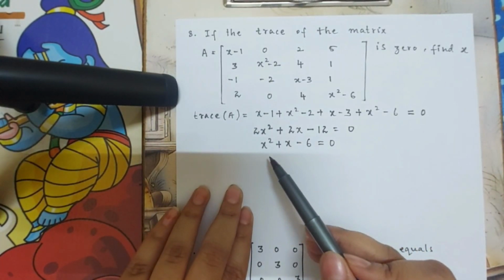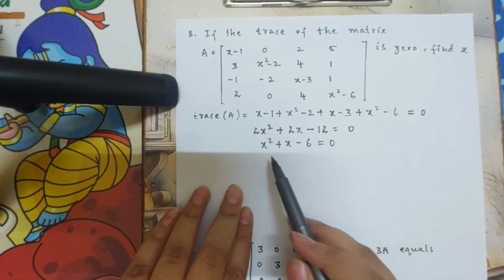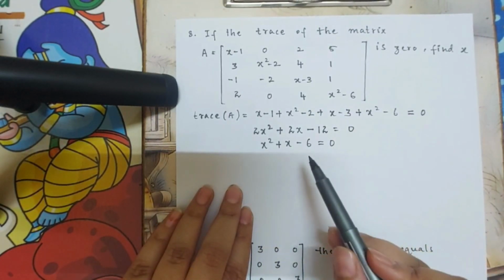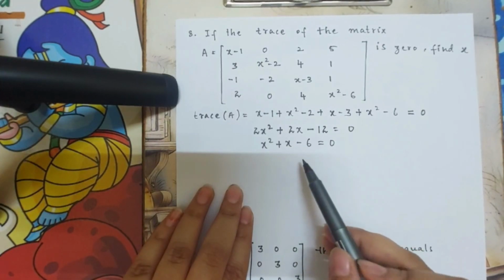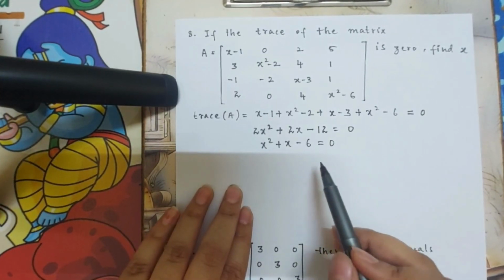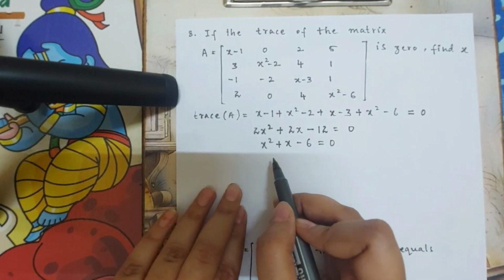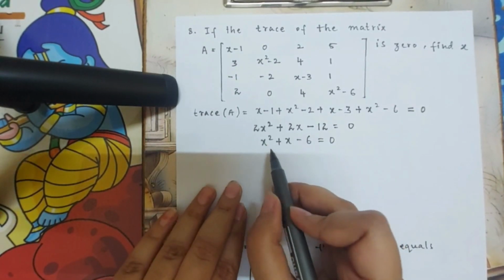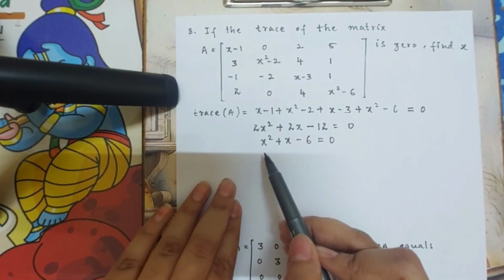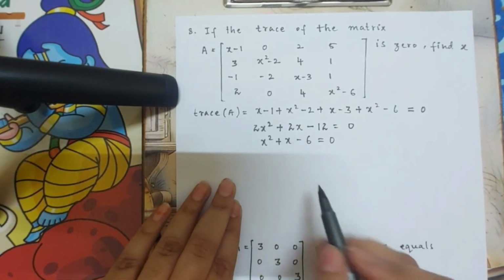Since it is in the form of a quadratic equation, one is we can factorize this equation, or it can also be found by using the formula minus b plus or minus root of b square minus 4ac divided by 2a. So here I'll be applying factorization to find the value of x. We will be able to get two values of x since it's a quadratic equation.